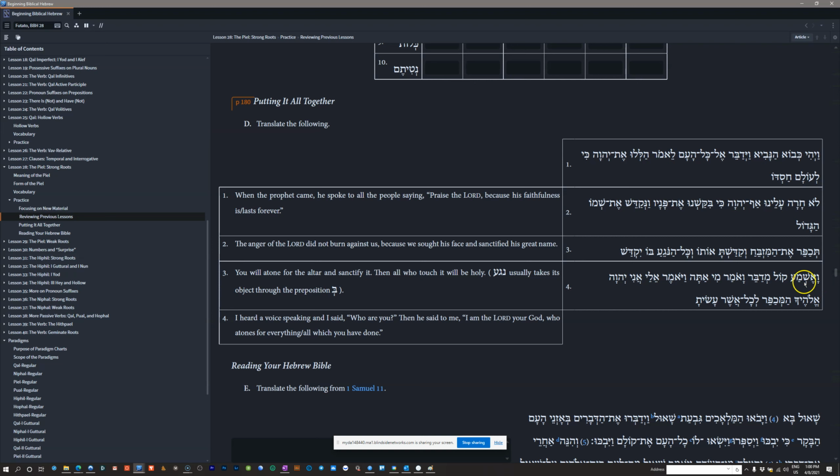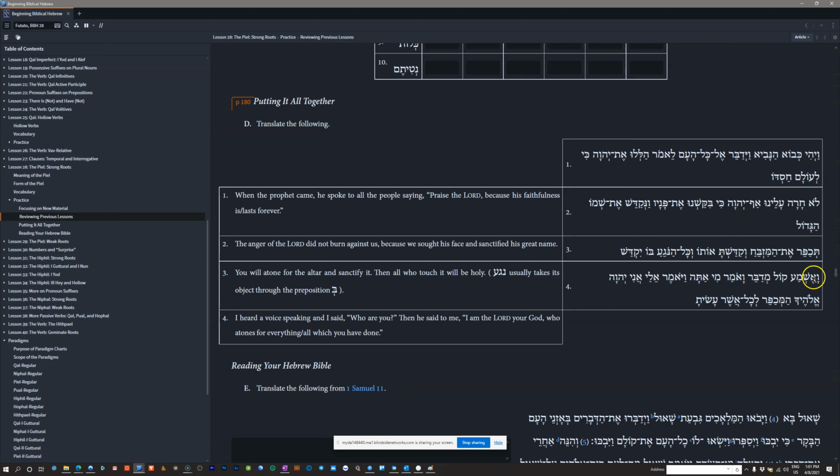If this were just a vav conjunction, we would have vav, sheva, aleph, segol. Okay? So this is still a vayiqtol form. It's just when we put it on the 1cs form, we have to use the vav qamets instead of the vav patach dagesh. All right, so we know that we've got the vav relative. We also see that we've got the aleph prefix, which is going to be 1cs.